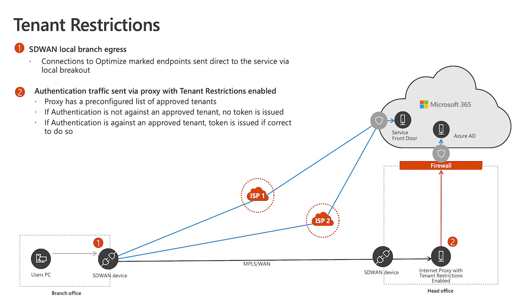But there is a separation between the authentication and the connection to the service. So we optimize those marked endpoints, the connections to Exchange, the TCP connection to Exchange, the UDP connection to Teams, and so on. But the authentication is done through the proxy still. We don't need to optimize that. That's a relatively irregular function. We ask for a token as we access a service, and we can cache that for a period of time.